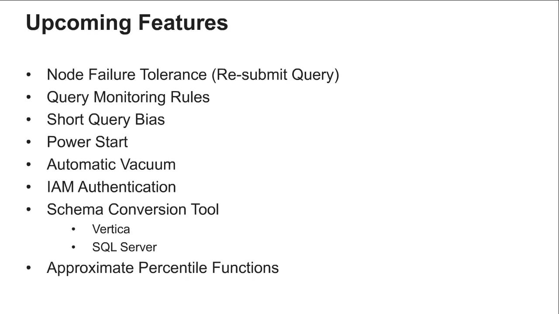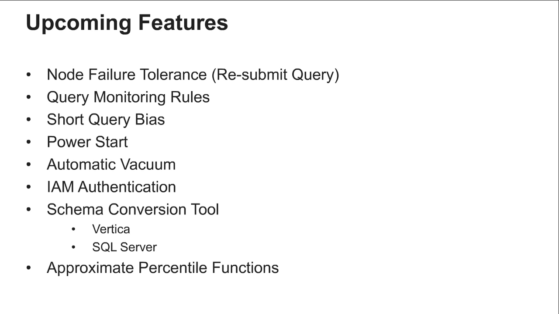A query that takes 2-3 seconds, you want it to be done in 2 or 3 seconds. A query that takes 15 minutes, if we slow it a bit to make sure that those short interactive queries get done, and instead of 15 minutes it takes 18 minutes, that's probably fine. Most people aren't going to complain about that. So that's where we're going with that. We'll try and figure that out for you.